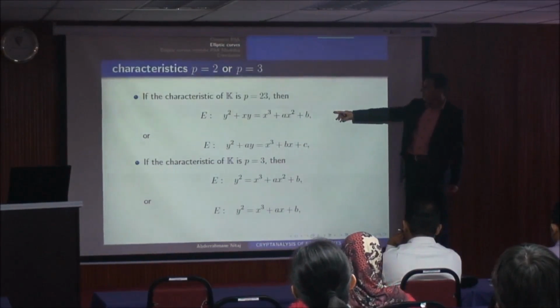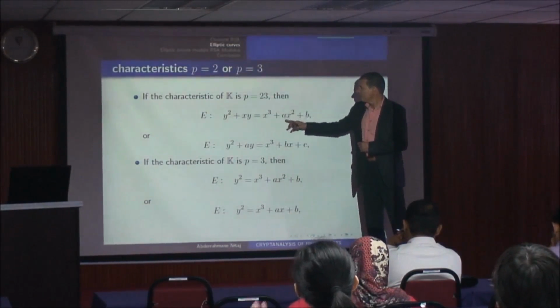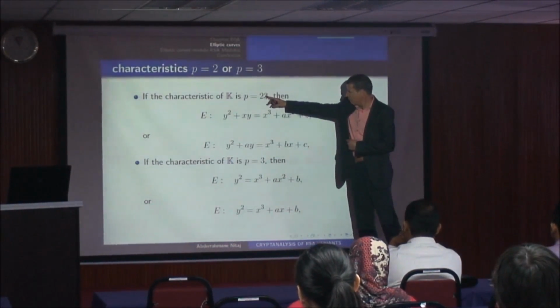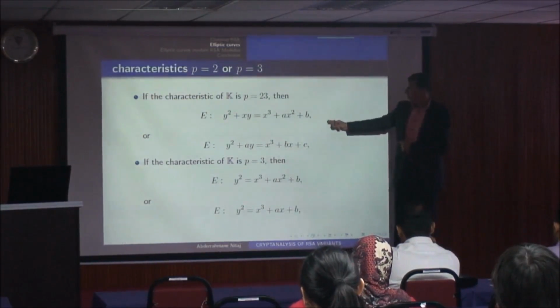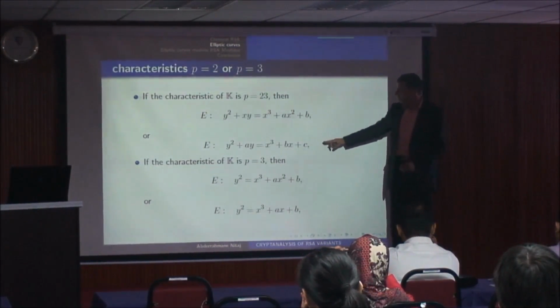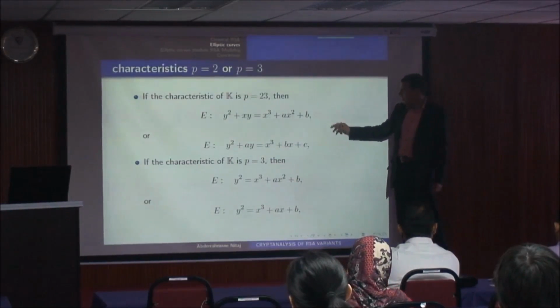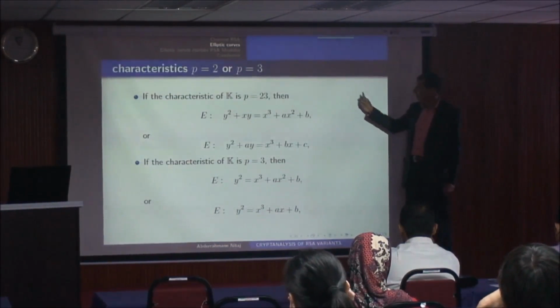For example, when p is 2, then we can get this equation. I'm sorry, there is no 3 in this situation. So this is one possible transformation, and this is another transformation. So there are two transformations for the same elliptic curve.